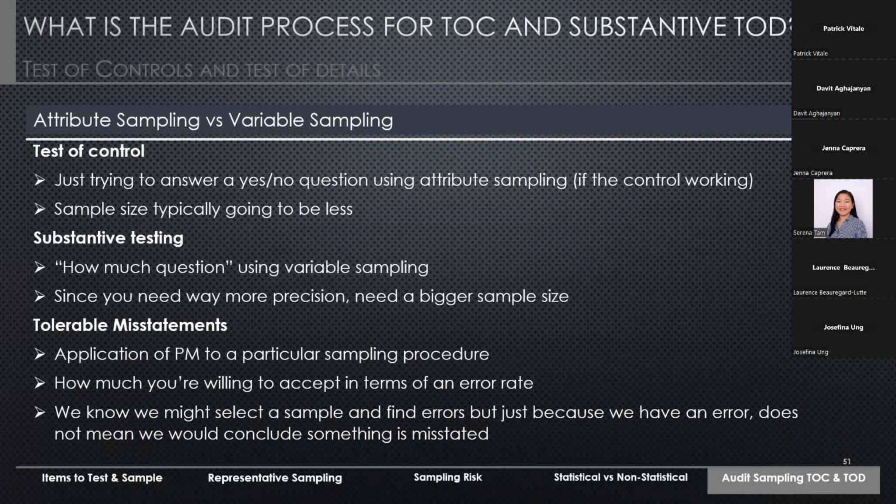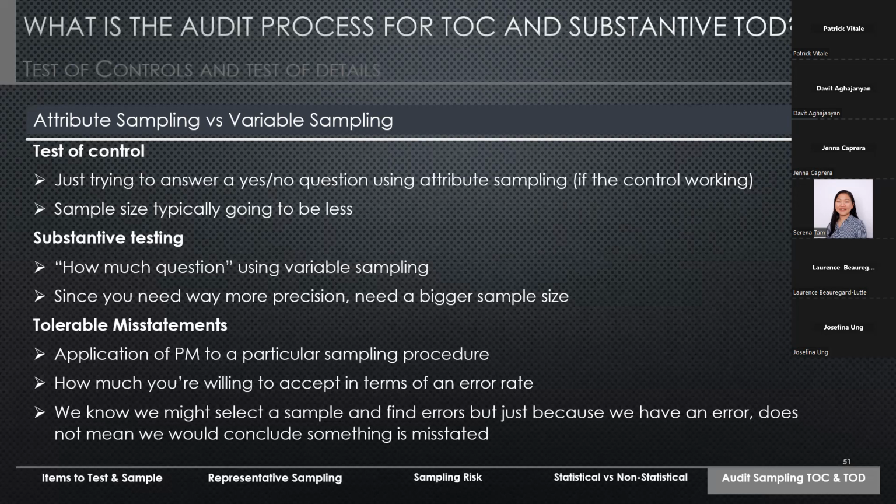Okay, tolerable misstatement. Does it ring a bell from the quiz that we did at the beginning? Application of PM to a particular sampling procedure. How much you're willing to accept in terms of an error rate. Okay, we know we might select a sample and find errors, but just because we have an error does not mean we conclude something is missing, right? Because can we get 100% assurance?